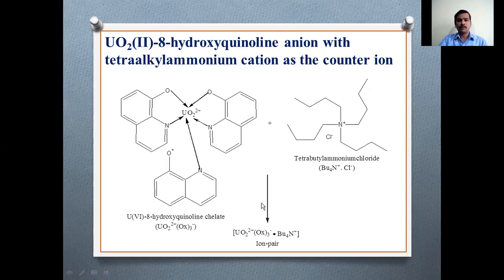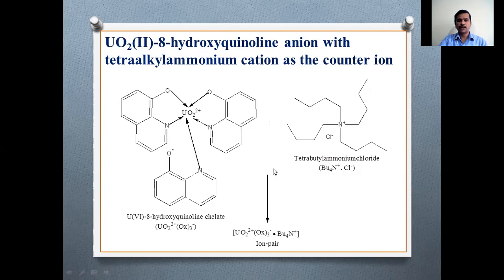If you use a more polar solvent, the extraction efficiency will be more. Apart from chloroform, carbon tetrachloride is non-polar. Chloroform is somewhat more polar than carbon tetrachloride. So if you use somewhat polar solvents, the extractability of this ion association complex for the extraction of the uranium-6 8-hydroxyquinoline will become more efficient.